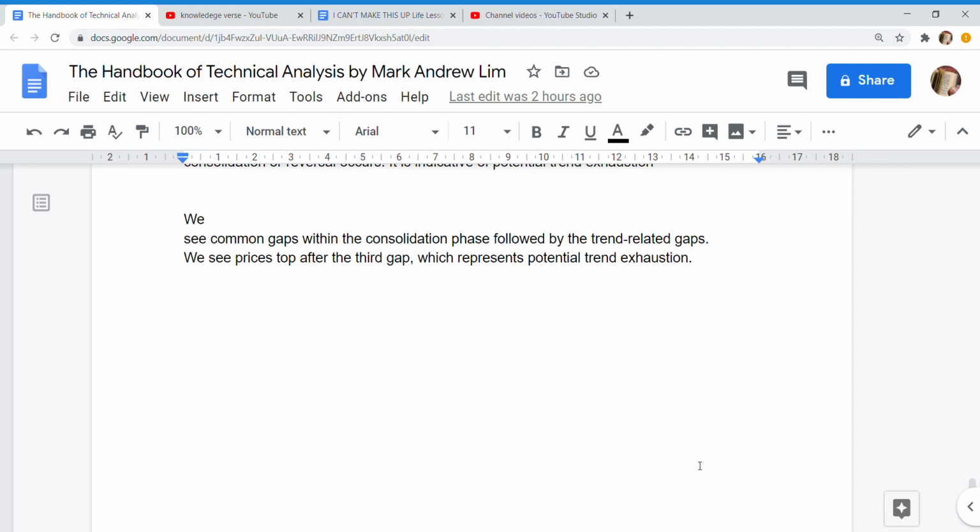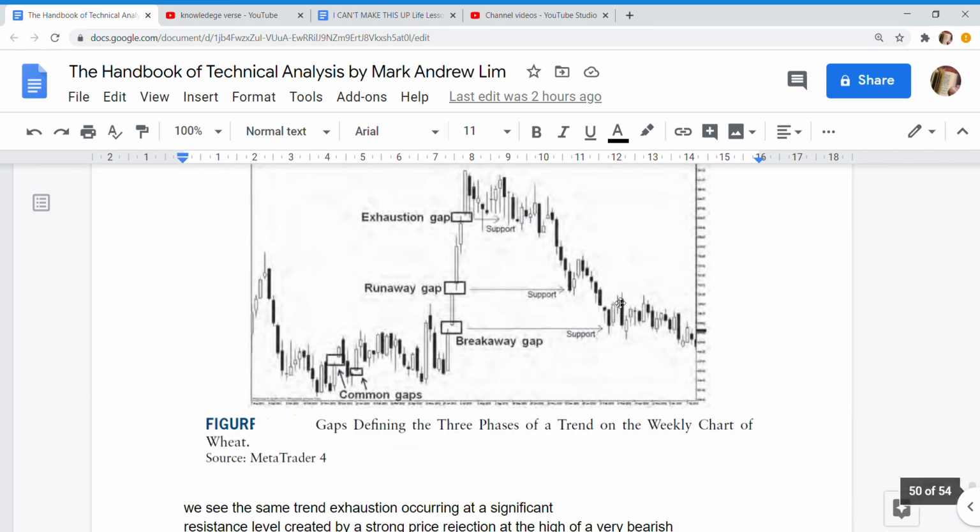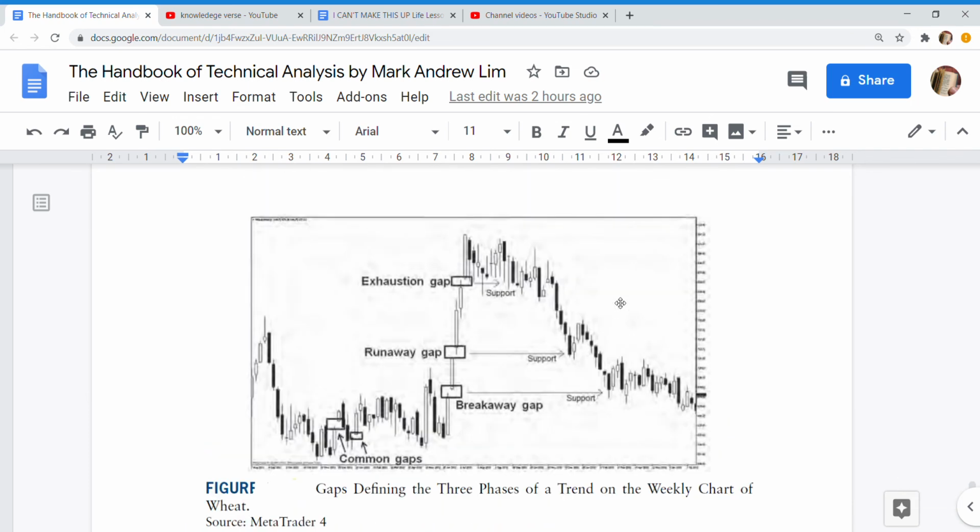We see common gaps within the consolidation phase followed by the trend-related gaps. We see prices top after the third gap, which represents potential trend exhaustion.